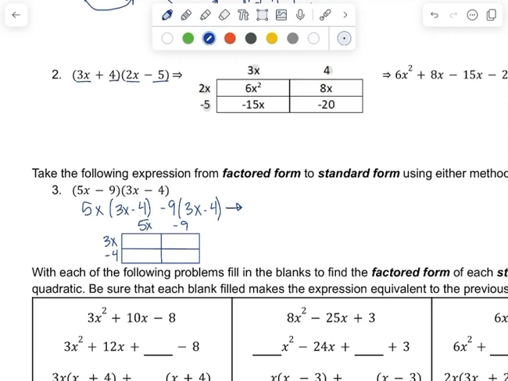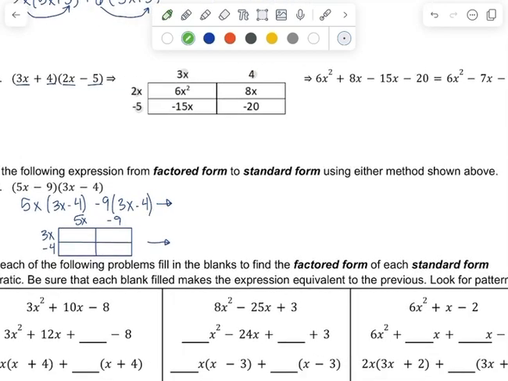And you can multiply those and add them together. In the end, you should get 15x squared minus 27x minus 47x plus 36.